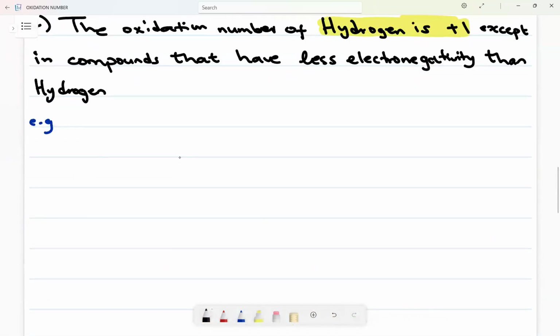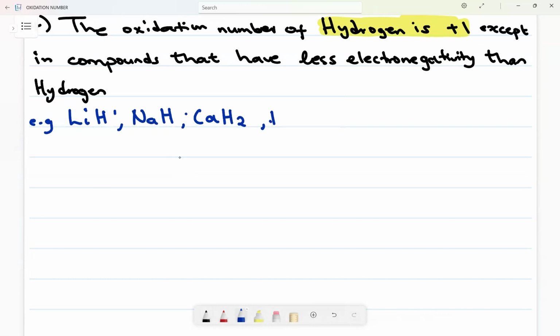Therefore, consider an example like lithium hydroxide, sodium hydroxide, sodium hydride, lithium hydride, sorry, not lithium hydroxide, guys. Hydroxide is like this. Sorry about that. Lithium hydride, sodium hydride, as well as calcium hydride.